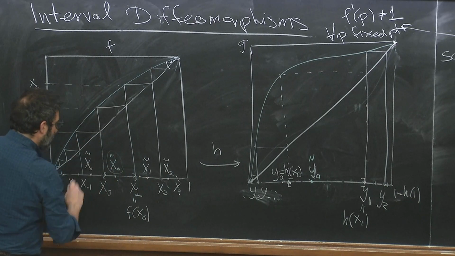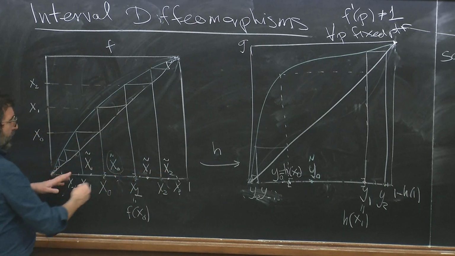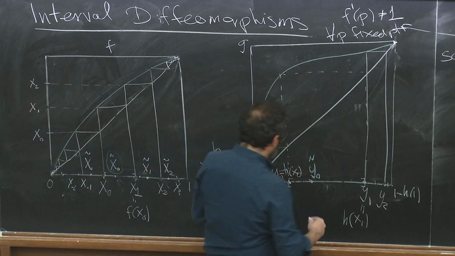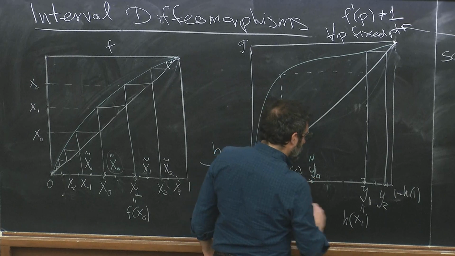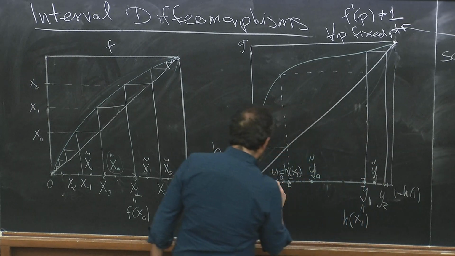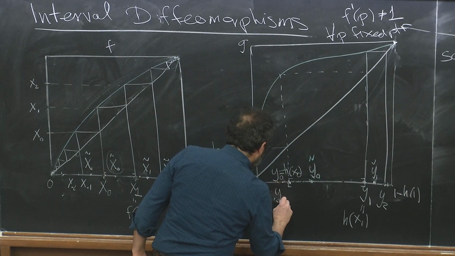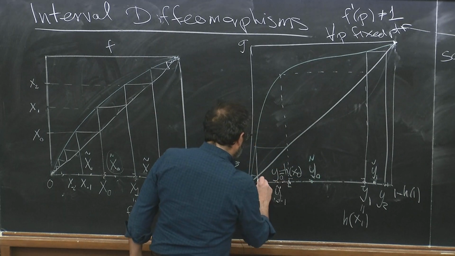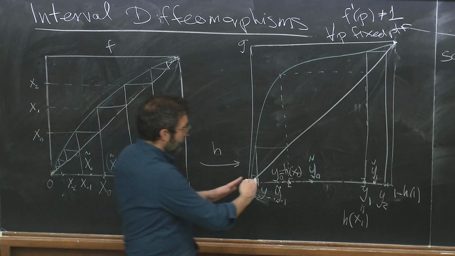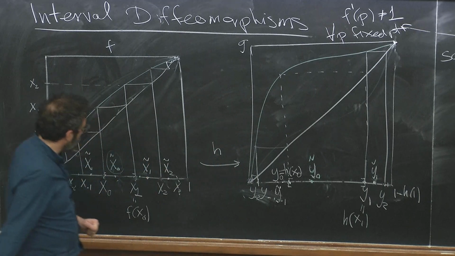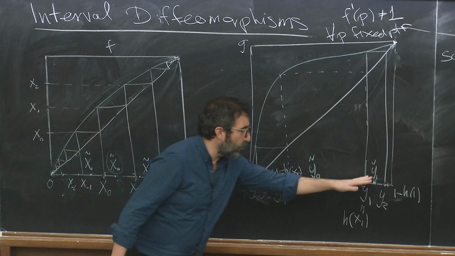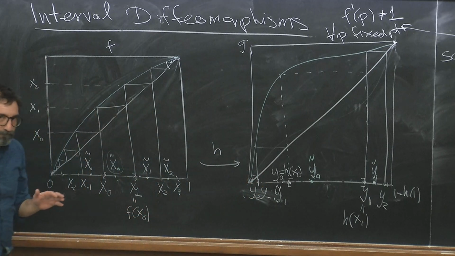So we will have one point inside each of these intervals, and the same thing here: y0 tilde, then a y1 tilde, and a y minus 1 tilde, one point inside each of these. And so H can map the full orbit of x0 tilde to the full orbit of y0 tilde.